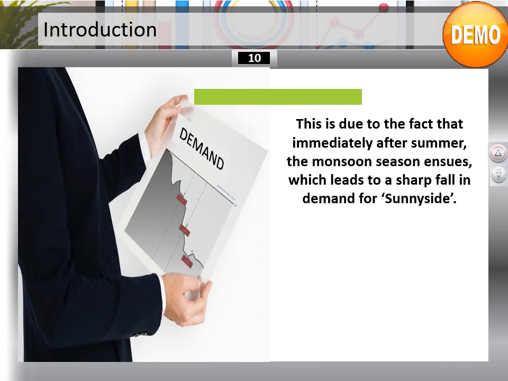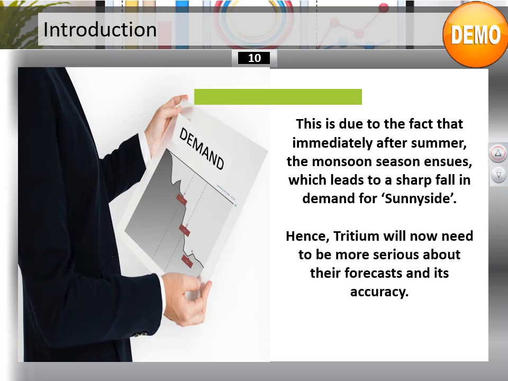This is due to the fact that immediately after summer, the monsoon season ensues, which leads to a sharp fall in demand for Sunnyside. Hence, Tritium will now need to be more serious about their forecasts and its accuracy.